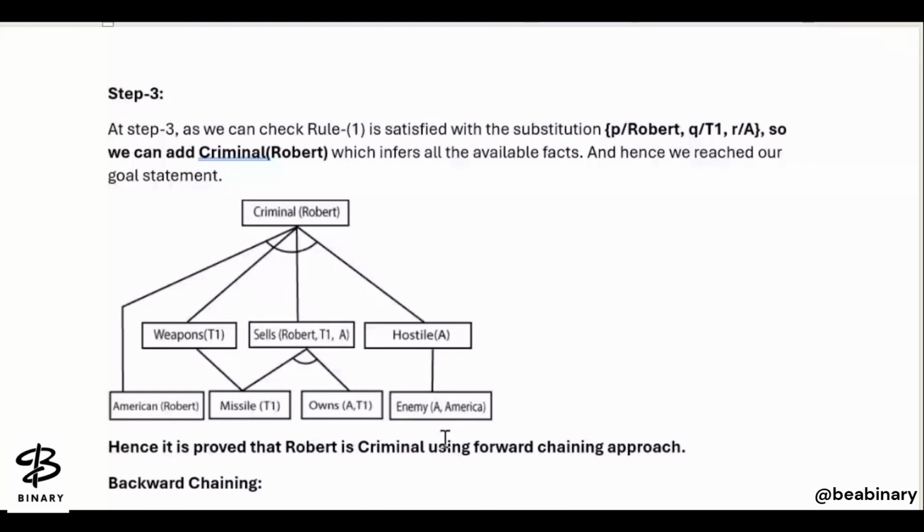Or simply we can say, with the known facts that Robert is American, there is a missile, someone owns it, and the enemy. With that, we are saying the missile is a weapon. The missile is sold by Robert, who owns it, and whoever is hostile will be the enemy of America.